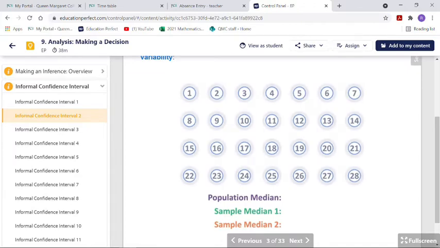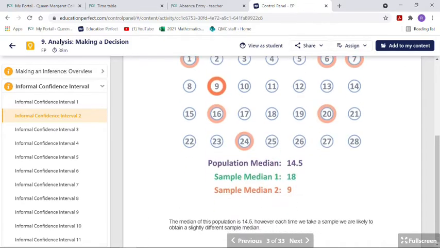One of them, the median was very high, the other was pretty low. And so we need to make sure that we can be confident that no matter what sample we take, our inference is still valid. Because if you just do it once, it really doesn't tell you much. Yeah? Okay? Have you ever started a question and then later changed your mind? Kind of the same way.